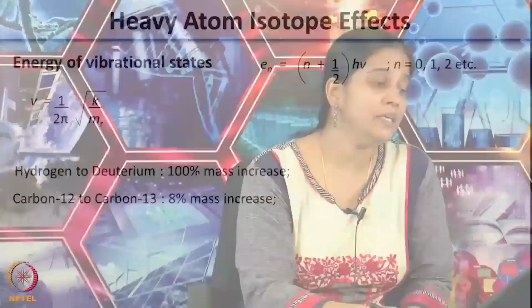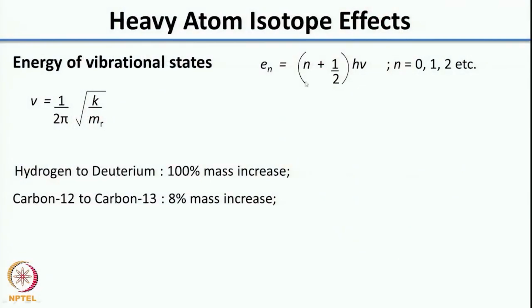Now, the energy for these vibrational levels is given by En is equal to (n plus half) h nu. Now, what you would have is a large population of molecules would be in what is called as the first level. So, what is important is n is equal to 0 and that is called as the zero point energy, and the frequency is given by 1 by 2 pi root of k over mr in this equation here.